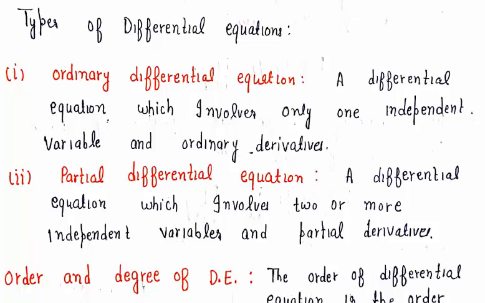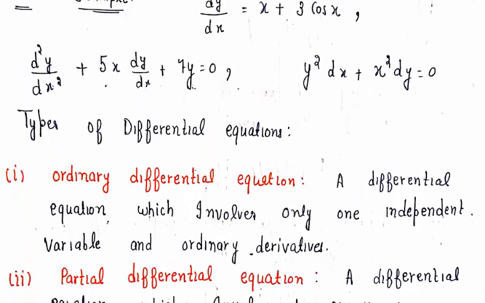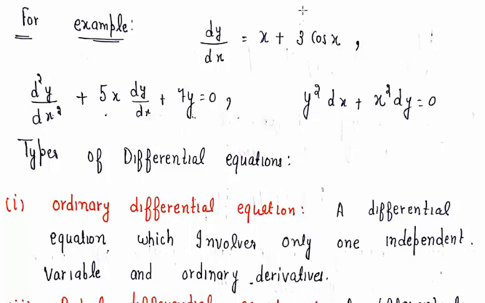So these are examples of ordinary differential equations because here there is one dependent variable and only one independent variable.